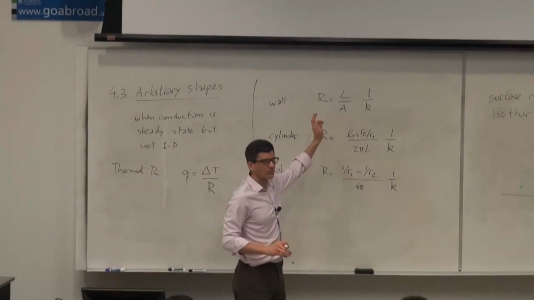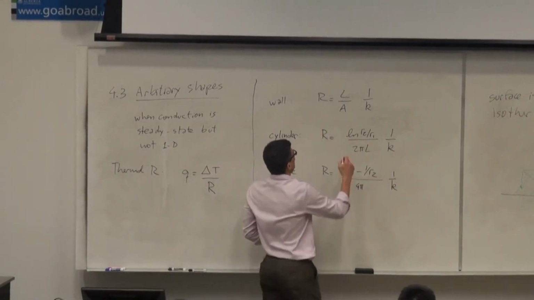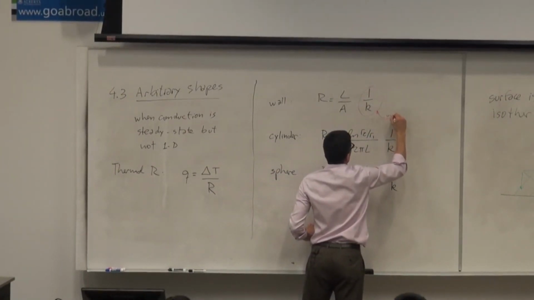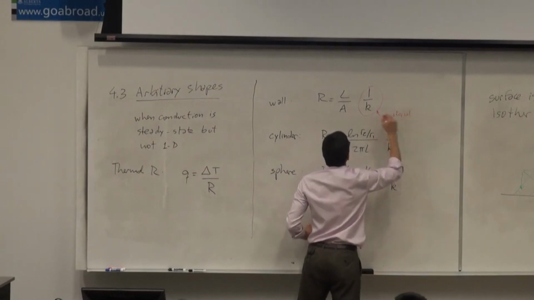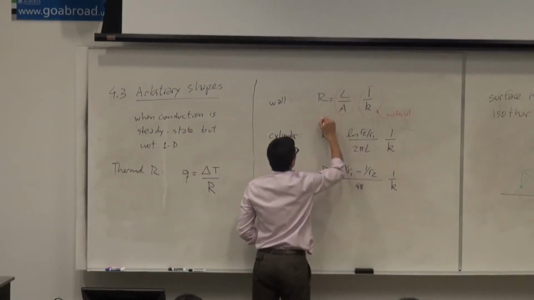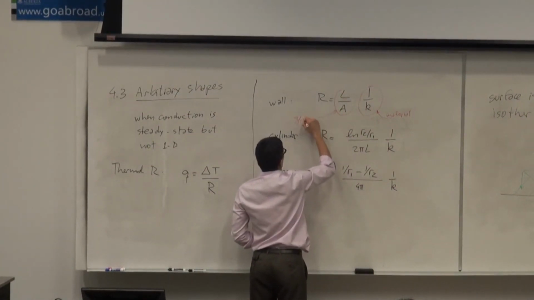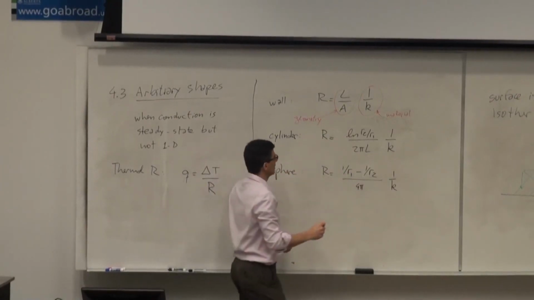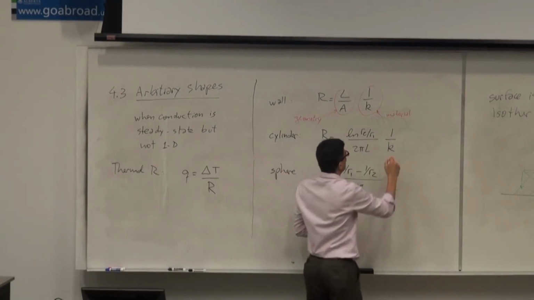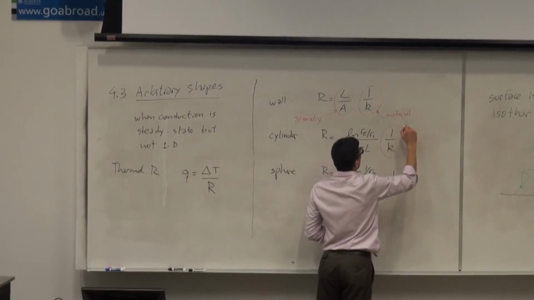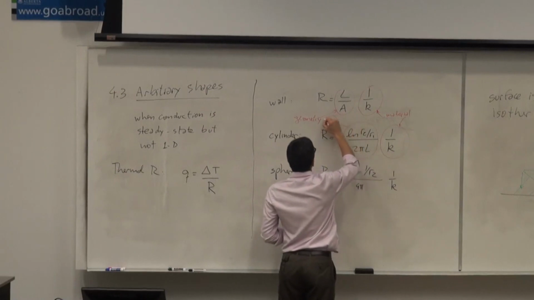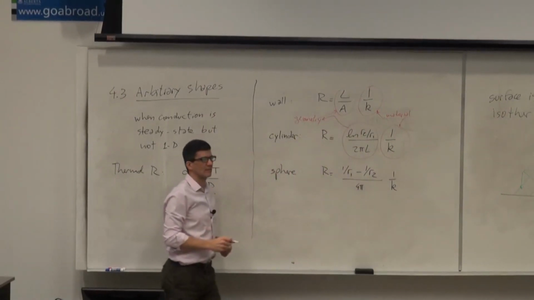Look, we're saying resistance of a wall is something that relates to the material and some sort of geometry parameter. Cylinder, same story. Right?